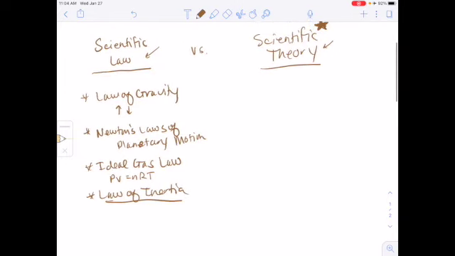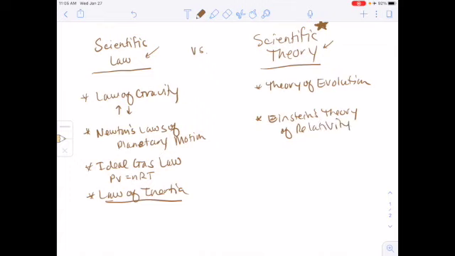Jot it down. Scientific theories, though. Let's say the theory of evolution is one that comes up, which explains why things change over time. Einstein's theory of relativity, which explains how small particles of matter behave.